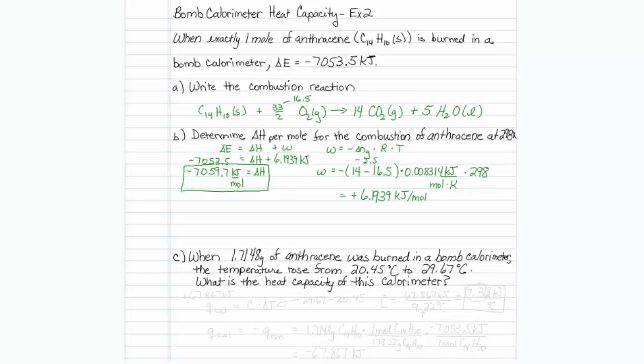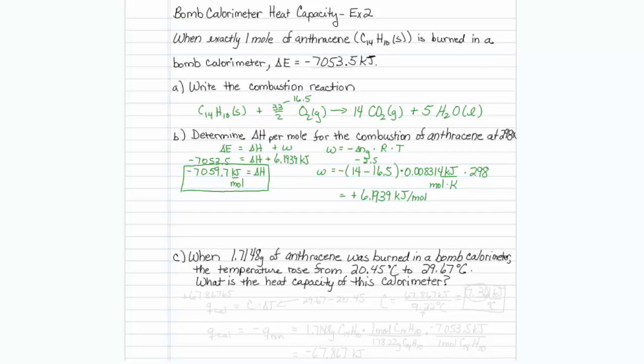Last question. When 1.7148 grams of anthracene was burned in a bomb calorimeter, the temperature rose from 20.45 degrees Celsius to 29.67 degrees Celsius. What is the heat capacity of this calorimeter?